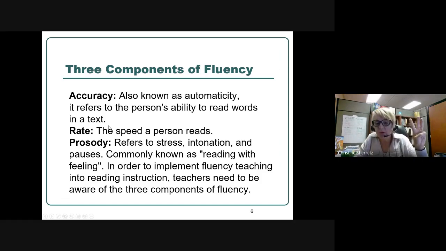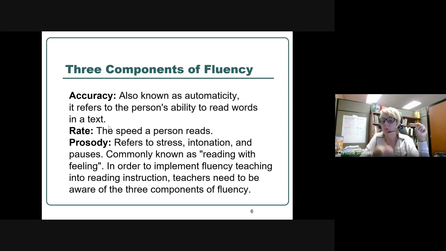So, three components of reading, and this is important, may even be something that would be on a final exam. The three components of reading: accuracy, that is, being able to read a word correctly. If a word was sad, knowing it's sad. Rate, and that's how quickly or slowly a student reads.